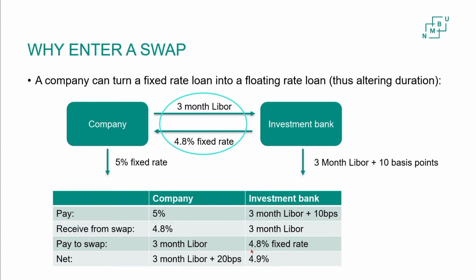This would be the 4.8% fixed rate plus the 10 basis points extra here. And why would you turn a fixed rate loan into a floating rate loan?